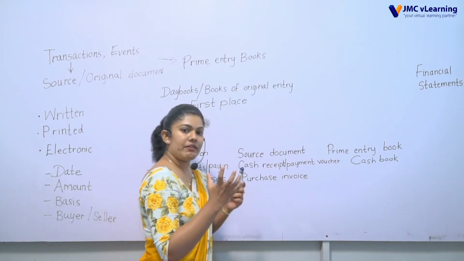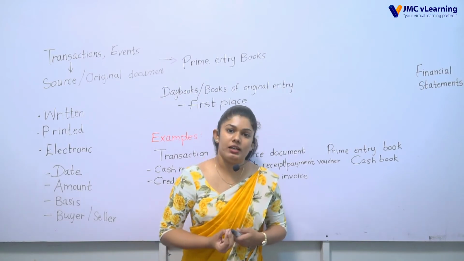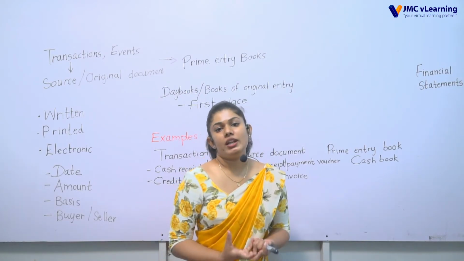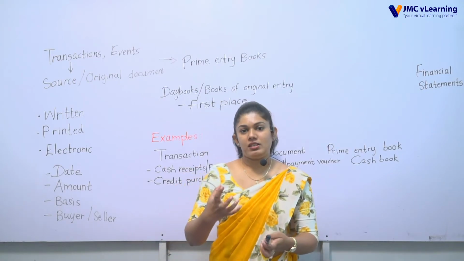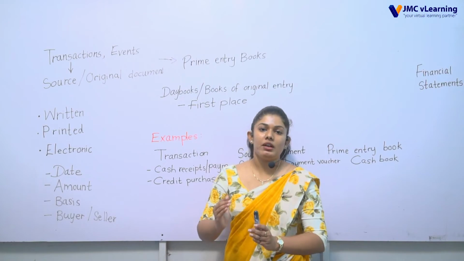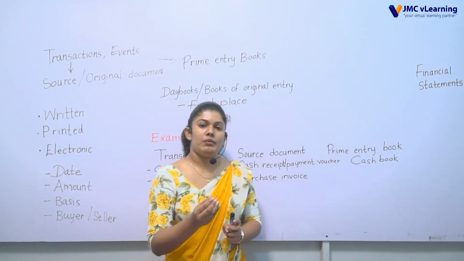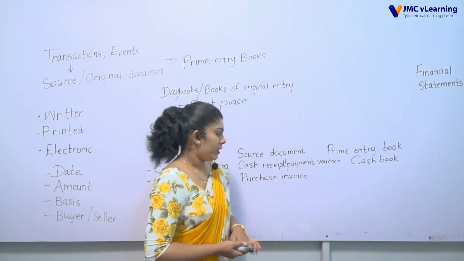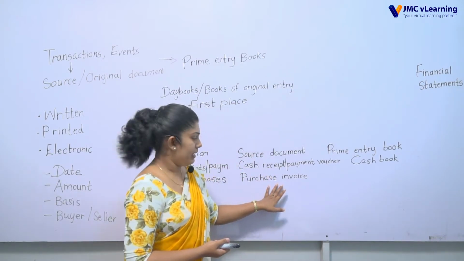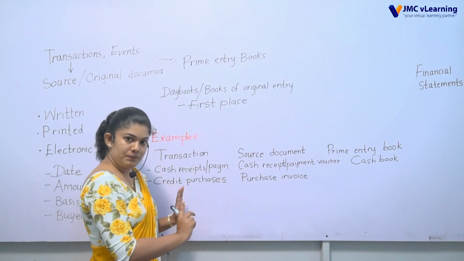That is also very similar. These source document formats are very similar because each and every source document records almost the same basic details. Therefore, these source document formats are very similar. Purchase invoice is the source document for credit purchases.